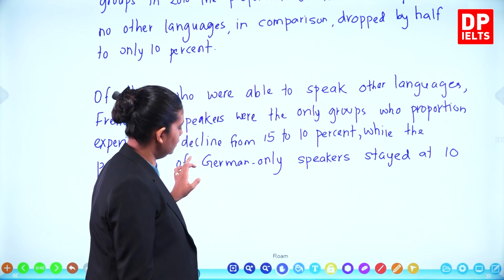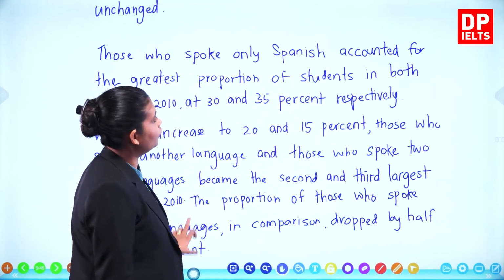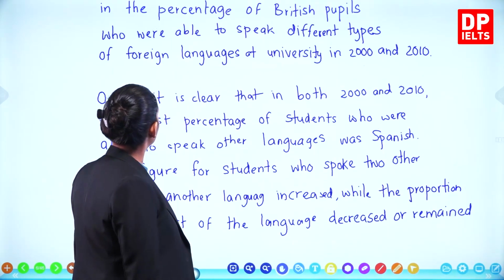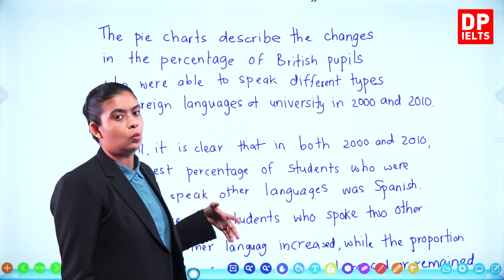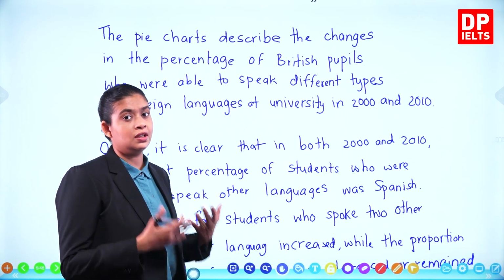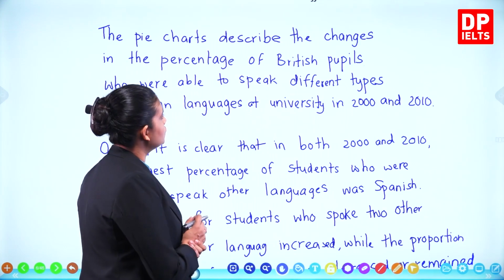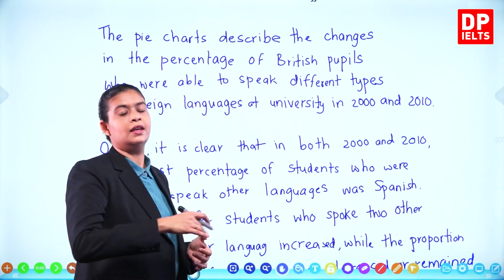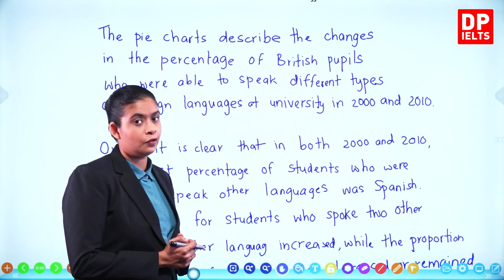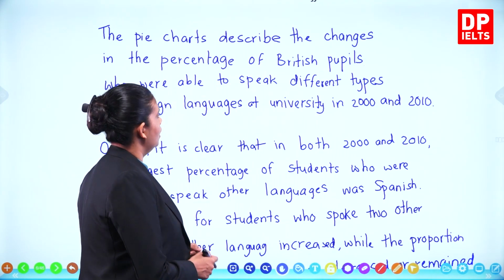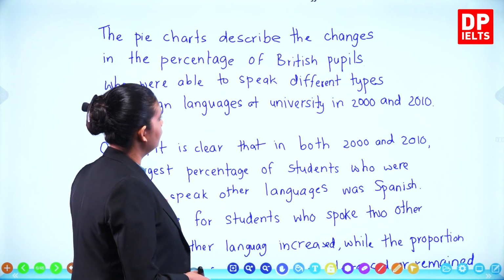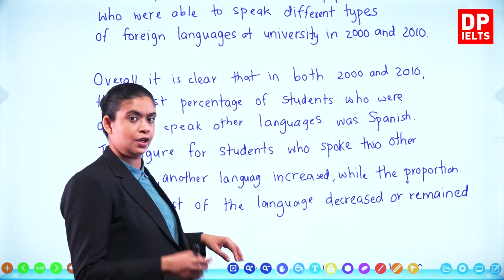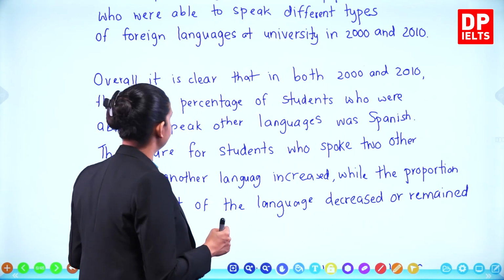Right, so here I think we have got all the details that we want. So the first para was to tell about what are the pie charts about, right? So we can see that it talks about the percentage or the changes in terms of the number of pupils who were able to talk or speak different foreign languages in two specific years, 2000 and 2010.